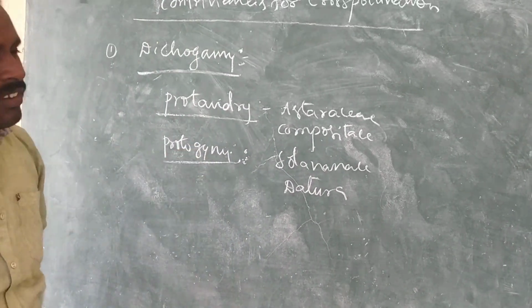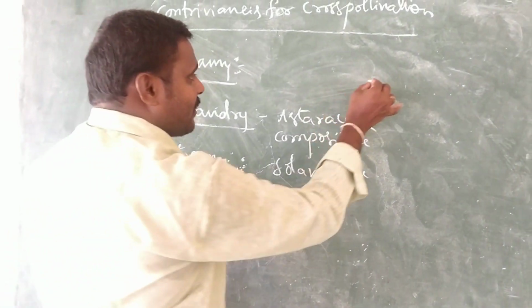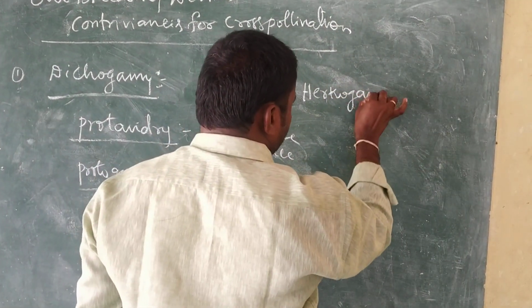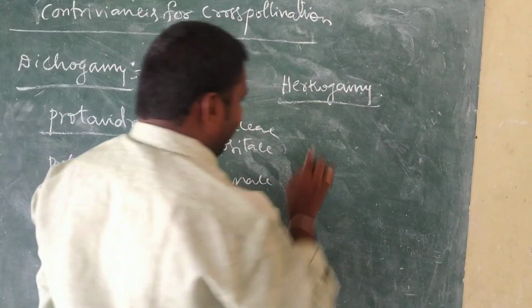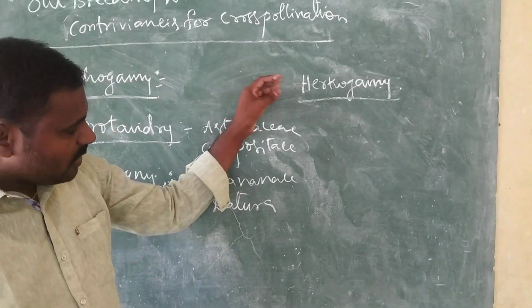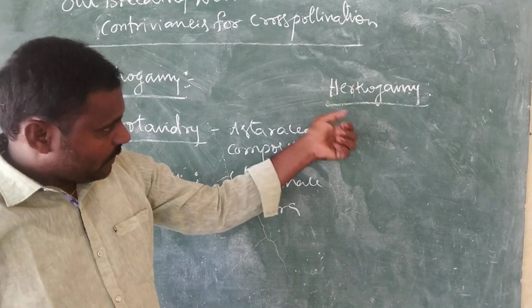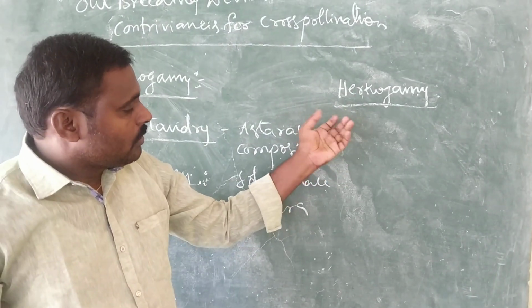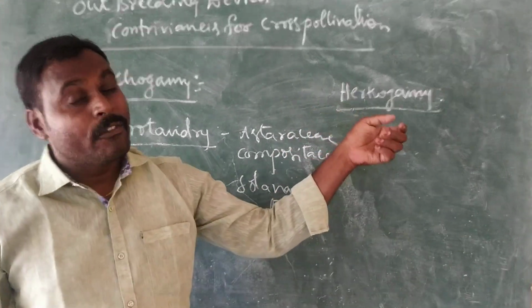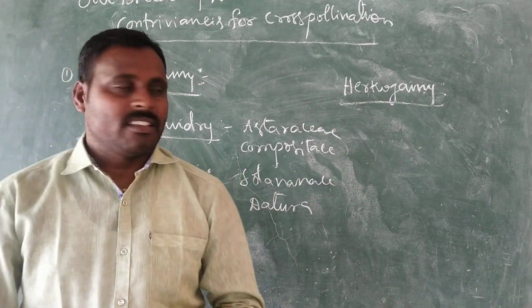So this is about dichogamy. And the next one is hercogamy. What is this hercogamy? The flowers are bisexual, and in this type of flowers both the sex organs are present in different positions and in different directions.